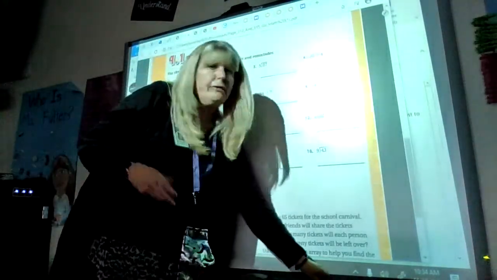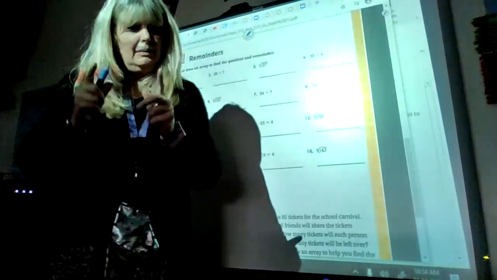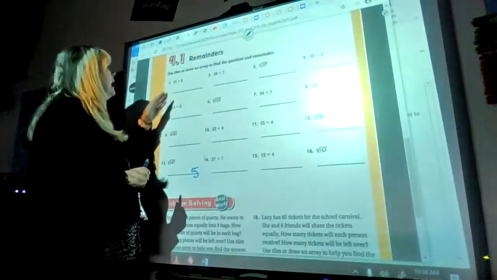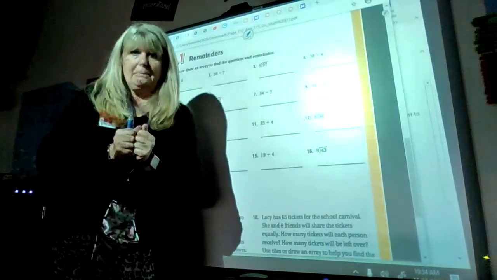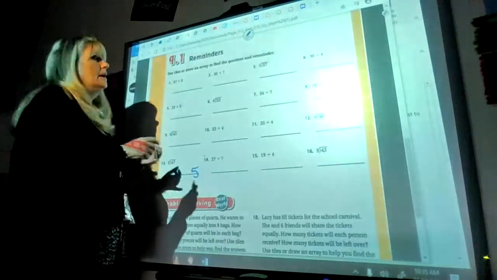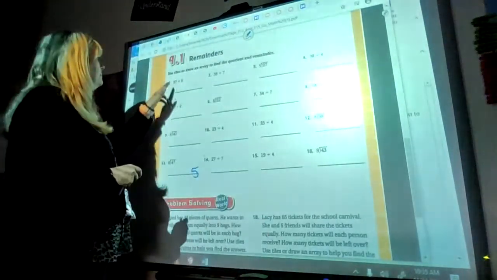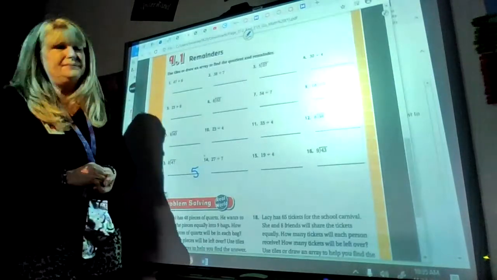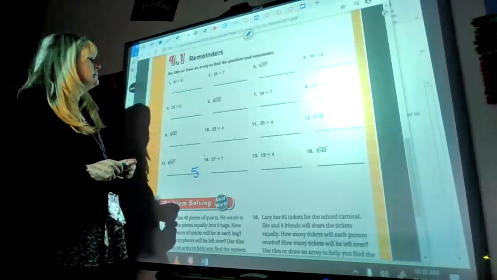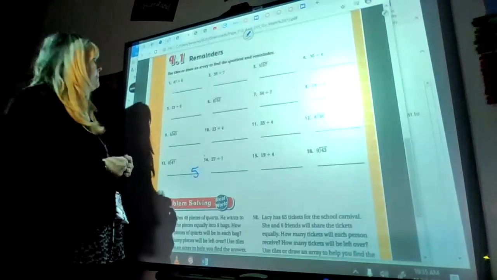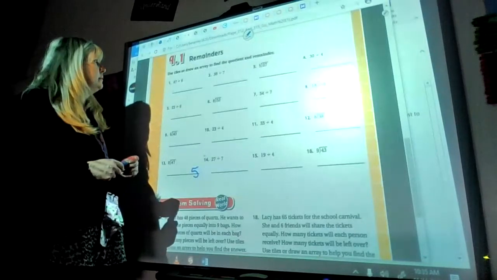Now, for those of you who can take it a little bit farther, let me show you something. I'm looking here and I'm going, okay, I'm multiplying by 6s. 6 times 5 is 30. That doesn't get me to 47. 6 times 6 is 36. Well, that gets me closer to 47. 6 times 7 is 42.